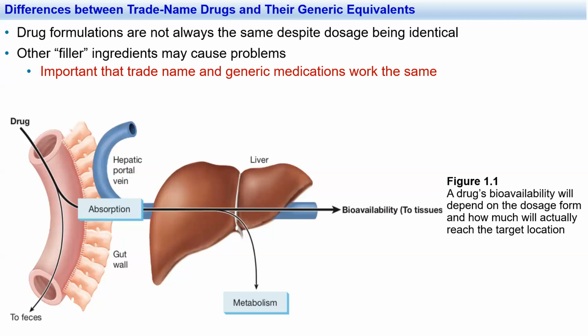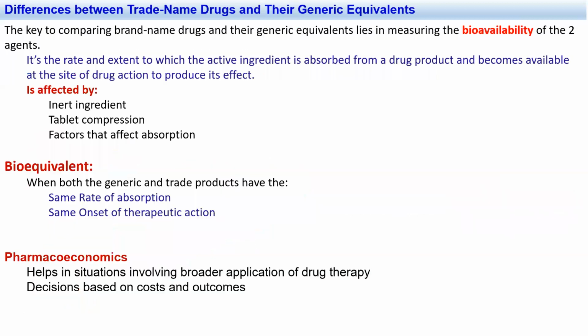Anything that affects drug absorption also affects bioavailability. The key to comparing brand name drugs and their generic equivalents lies in measuring the bioavailability of these two drugs, or two agents.